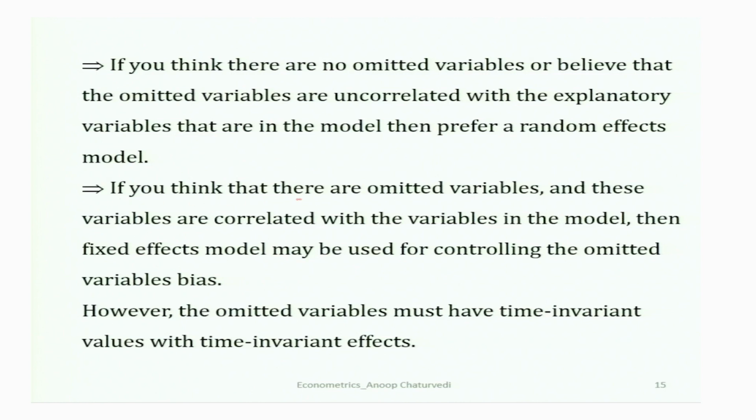Now, if you think that there are omitted variables and these variables are correlated with the variables in the model, say you have omitted some variables and you believe that they may be correlated with the explanatory variables included in the model, then the fixed effects model may be used for controlling the omitted variables bias.